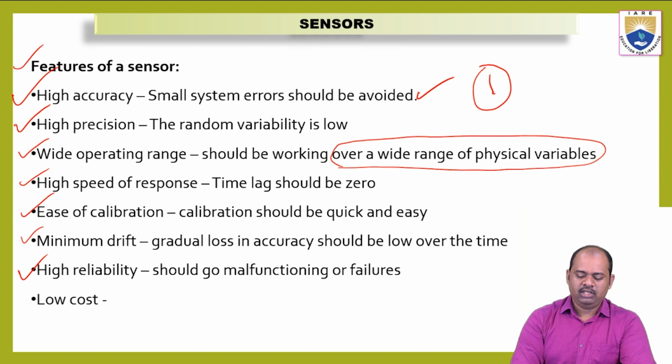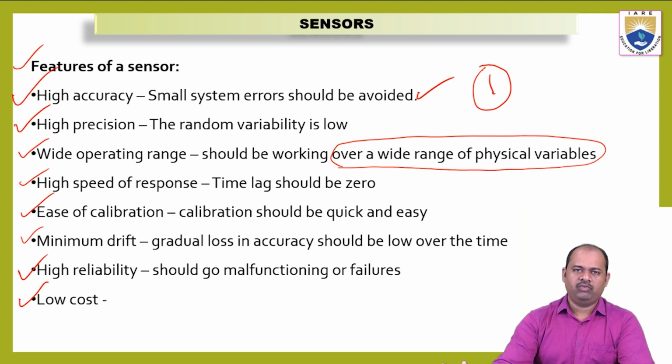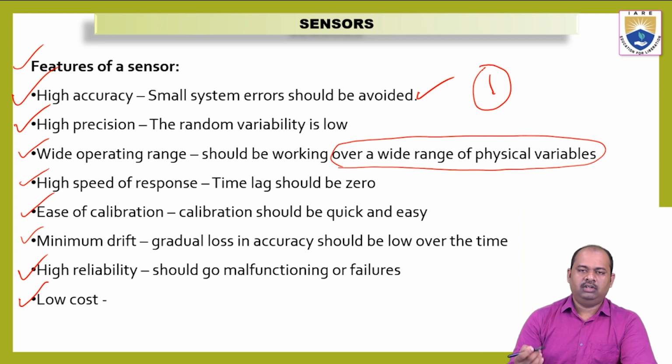So high reliability should be there. And finally, low cost is what any manufacturing unit requires. Low cost of the sensor is required so that the economy should be very reasonable when compared to machines which do not have any sensors.